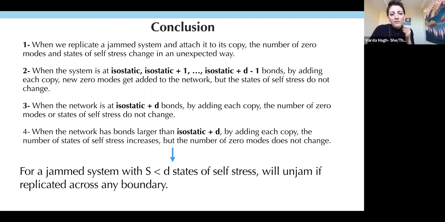So in conclusion, when we have a jammed system, as long as the states of self-stress are smaller than these states of self-stress, it unjams if we replicate it and copy it to itself across any boundary. Now, this raises the question of why this is the case. We have a mathematical description for it, but what's really happening from a physics point of view?